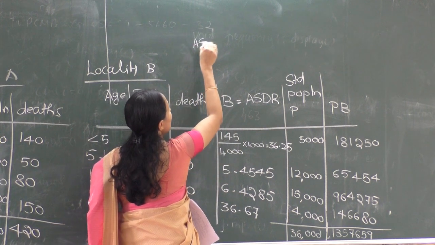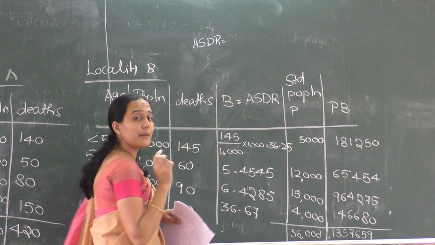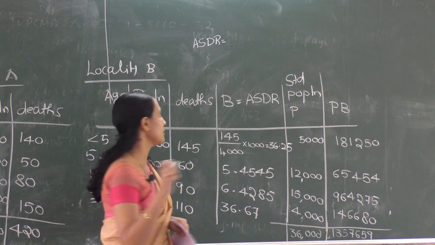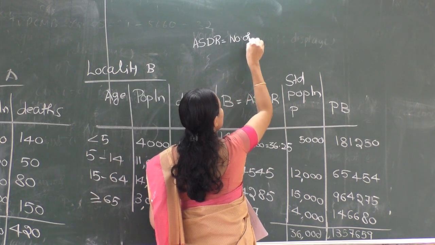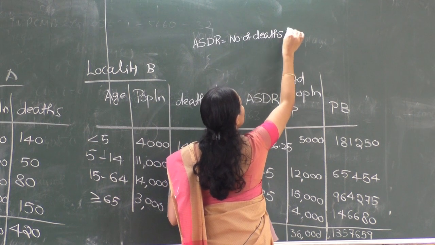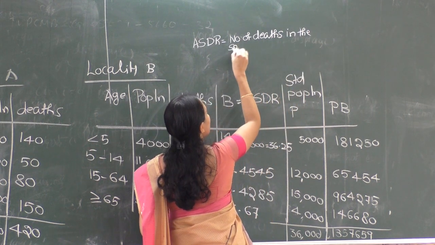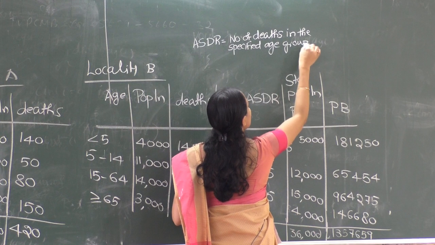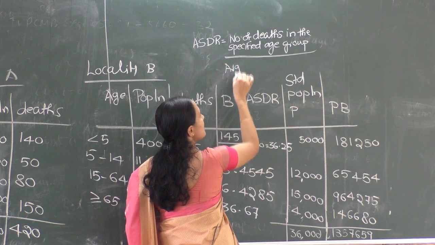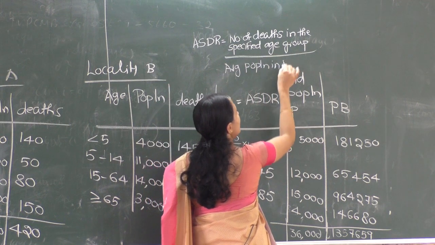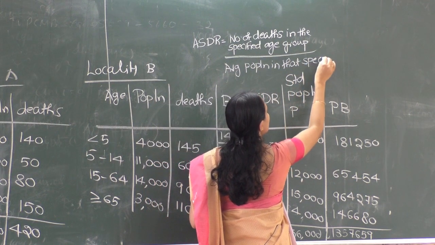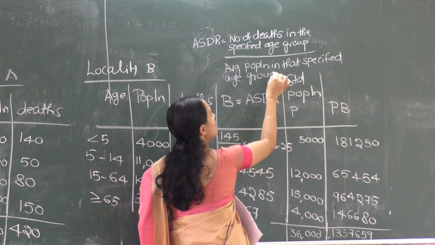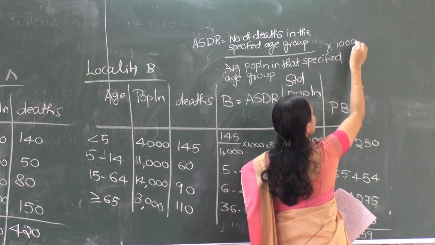ASDR equal to number of deaths in the specified age group divided by average population in that specified age group into 1000. This is the ASDR formula.